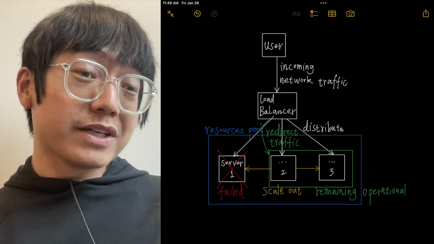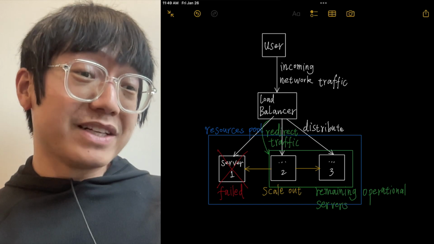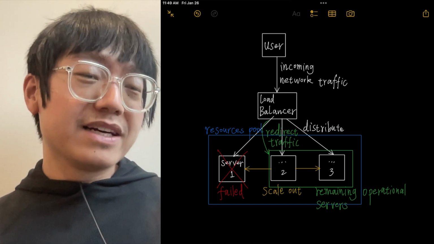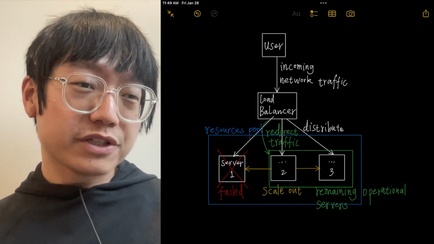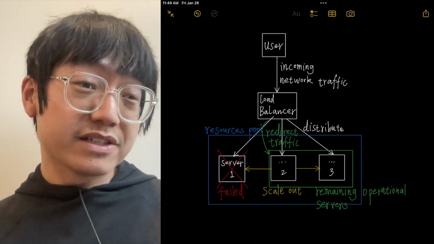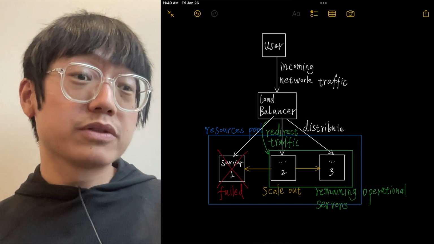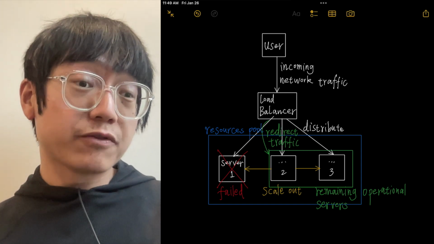So, in summary, horizontal scaling with the aid of a load balancer, compared to vertical scaling, offers a more robust solution for larger scale applications, providing scalability, improved load distribution, and great fault tolerance.